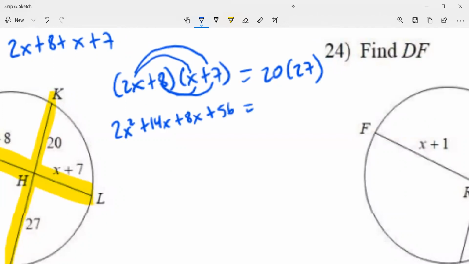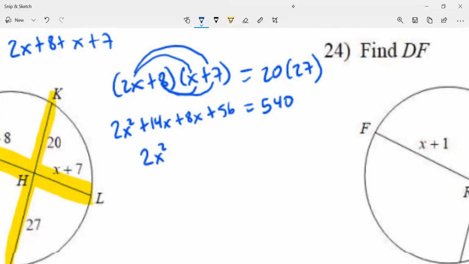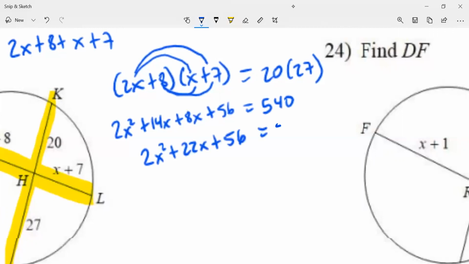And this is all equal to 540. When I combine my like terms on the left, I get 2x squared plus 22x plus 56 is equal to 540.